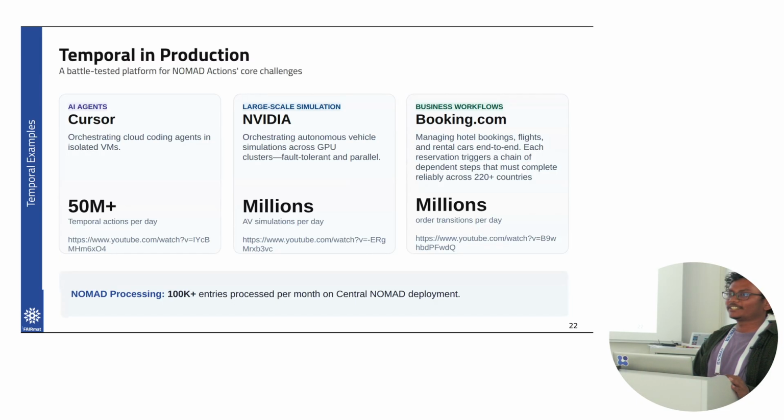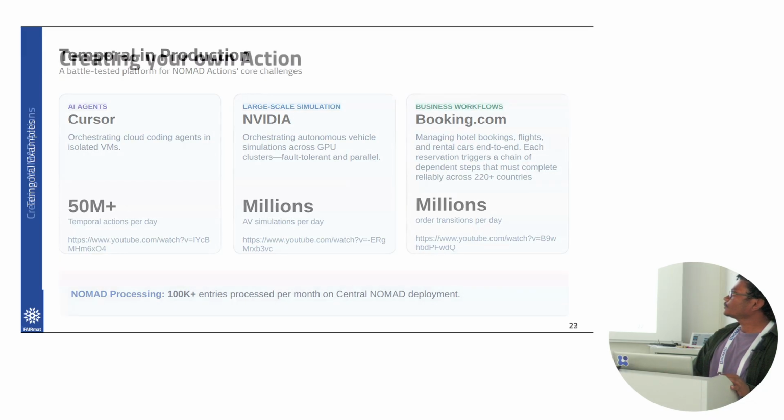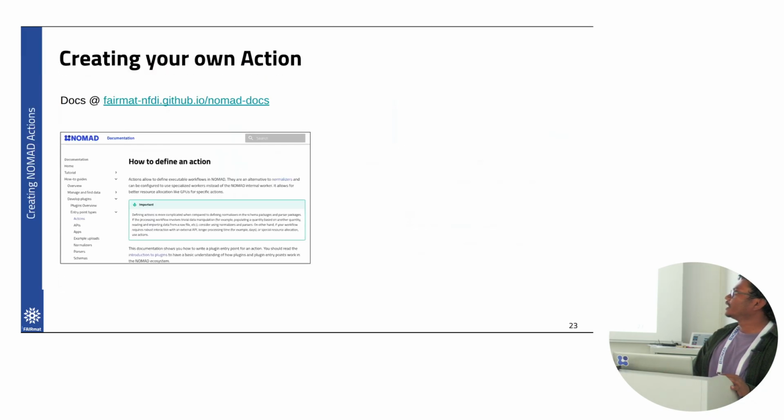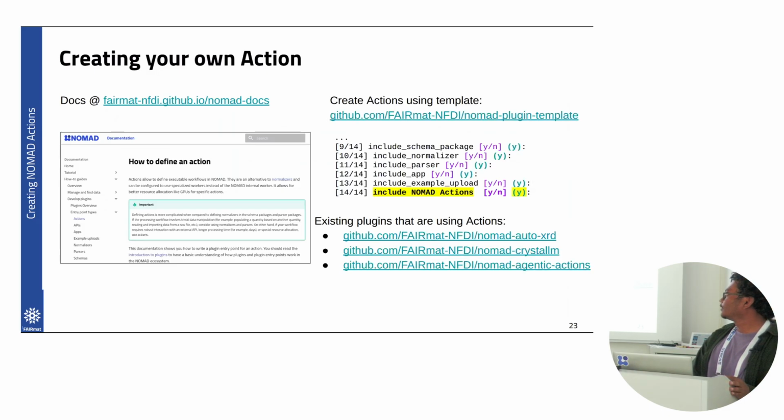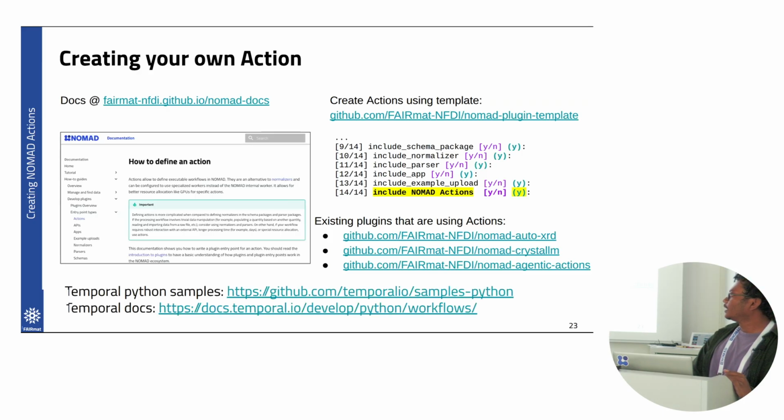This is relatively new, as Mark has mentioned earlier. So we are still learning the architecture and improving our workflows here. And if you want to create your own action, we have some docs on NOMAD docs. There's a template to get started with, and obviously the different plugins that already use Temporal.